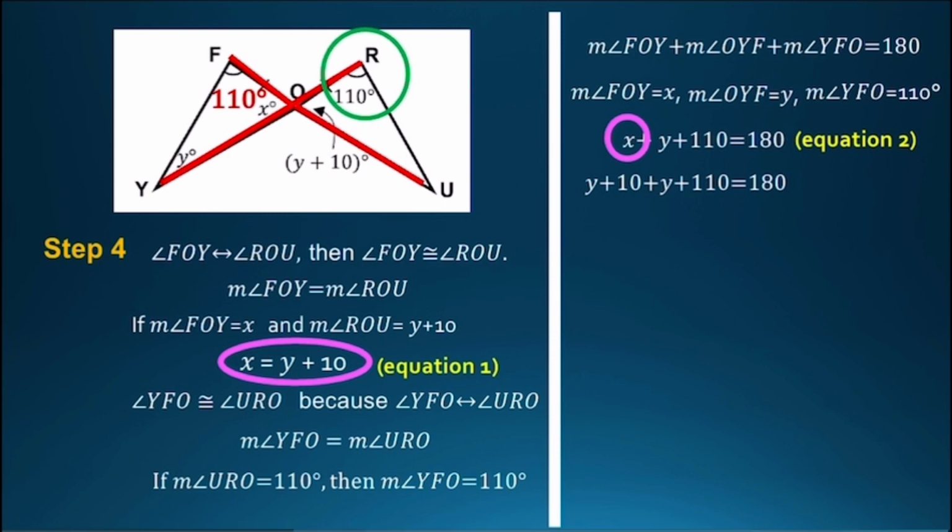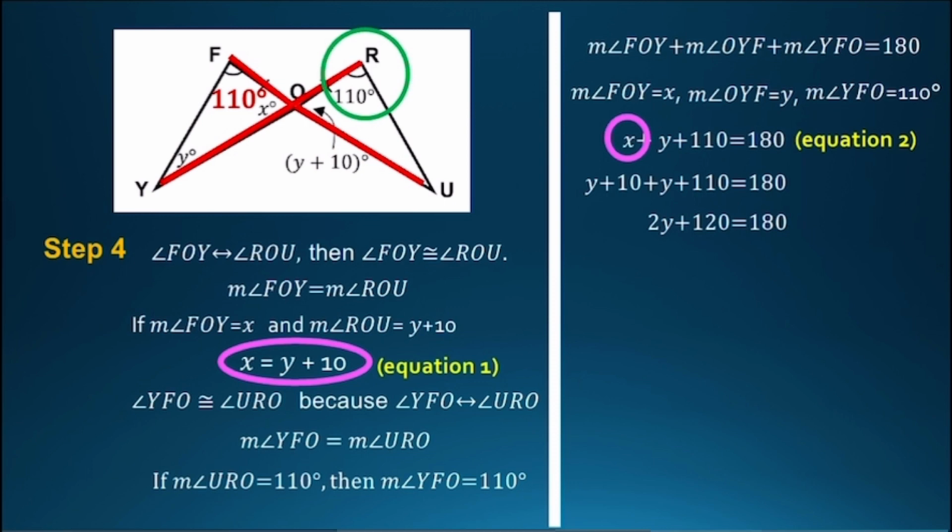So we're going to transpose positive 10 and positive 110 to the right side, and it will become negative. So y plus y will become 2y, and 10 plus 110 is 120.